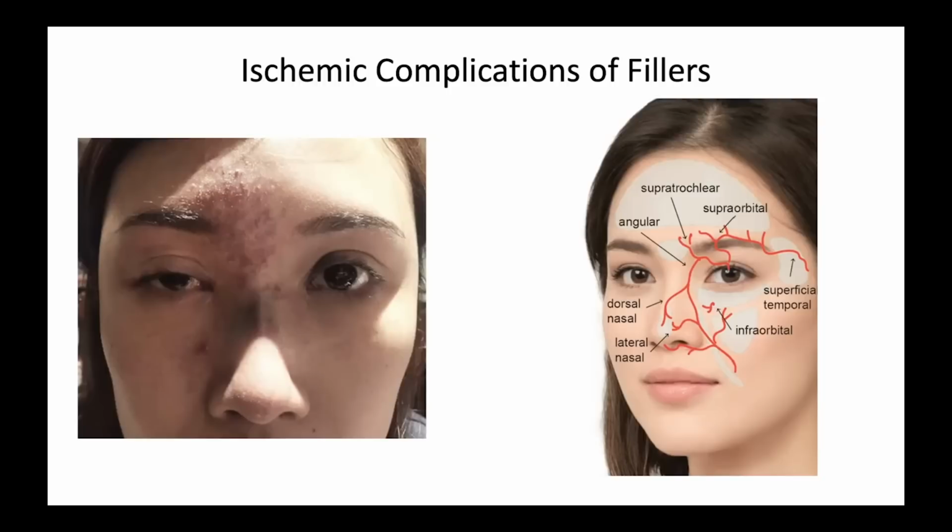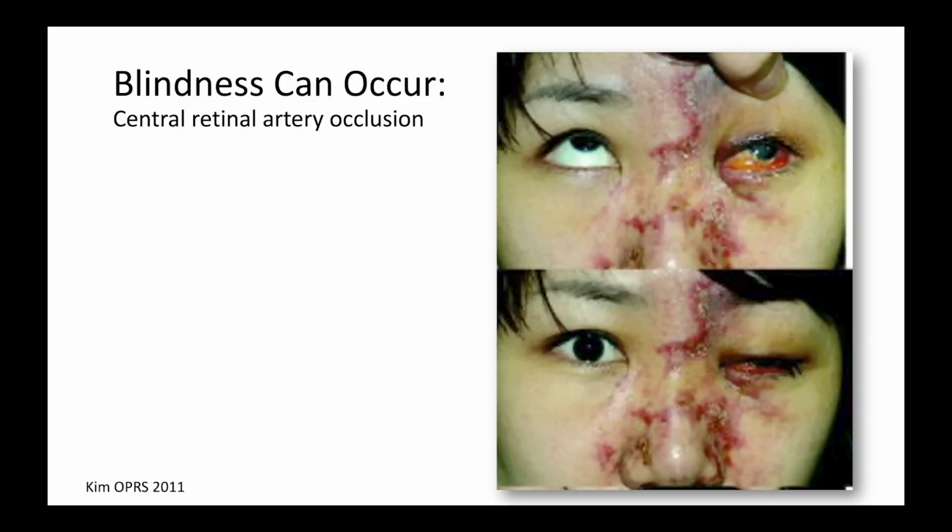If we inject filler accidentally into one of these arteries and keep injecting, the filler can go retrograde, back, and then as it pushes forward it can block the blood supply to the skin. But even more seriously, if it goes back so far into the central retinal artery, it can actually block the blood supply to the eye itself and cause fairly immediate blindness.